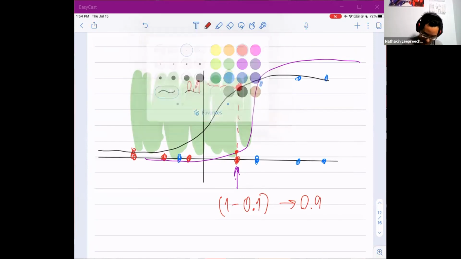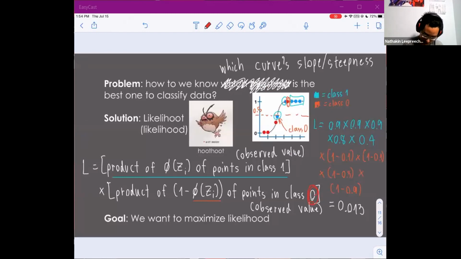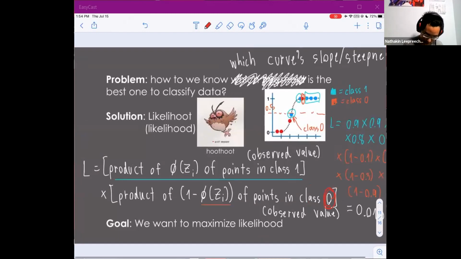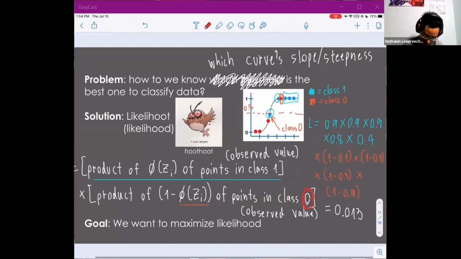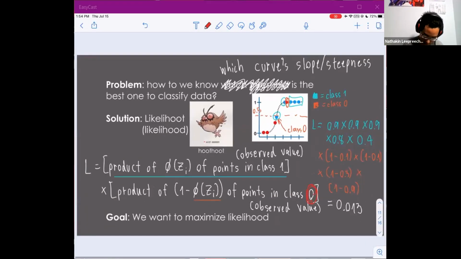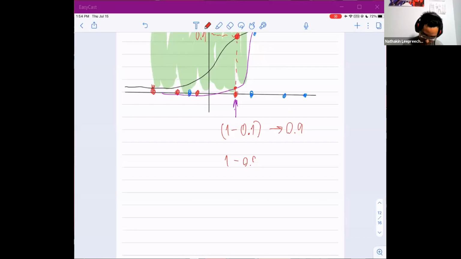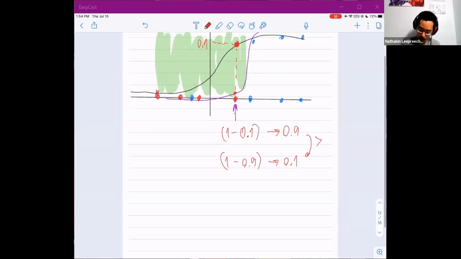And again, the likelihood function shows it is 1 minus phi at that point. So it's going to give you 1 minus 0.9, which is 0.1. And 0.9 is greater than 0.1. But the goal is that we want to keep the maximum number.